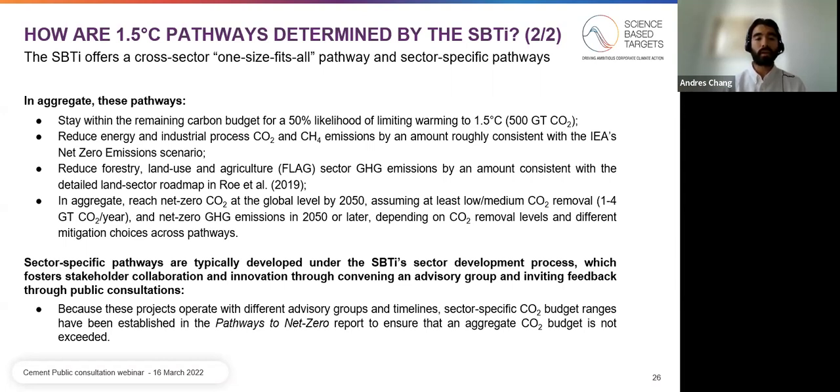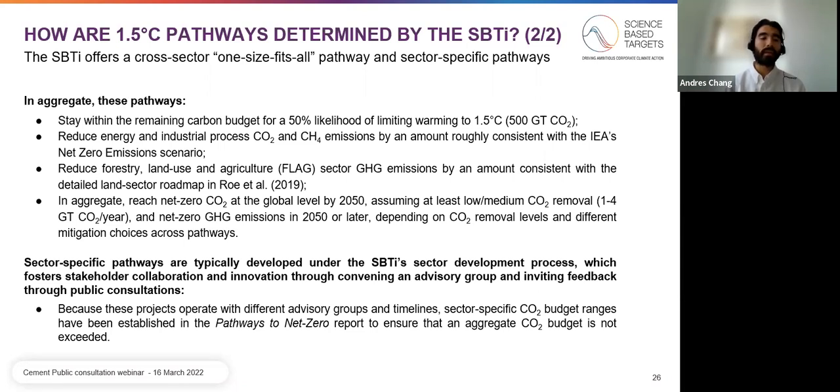And in aggregate, we're assuming that to reach net zero at the global level by 2050, we are going to need some level of CO2 removal, about 1 to 4 gigatons per year. And that will reach net zero greenhouse gas emissions in 2050 or later, depending on the level of CO2 removal that's actually achieved. So of course, there's no way of really predicting exactly how much CO2 removal will occur. But this, for transparency, is really 4 key assumptions that have gone into our work.